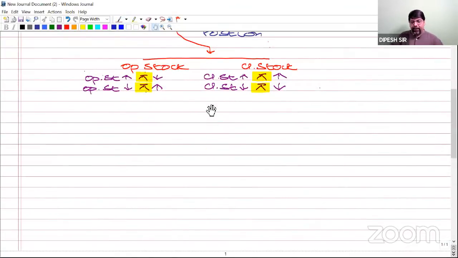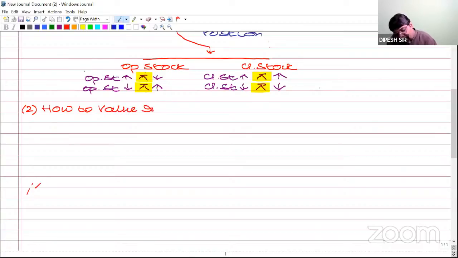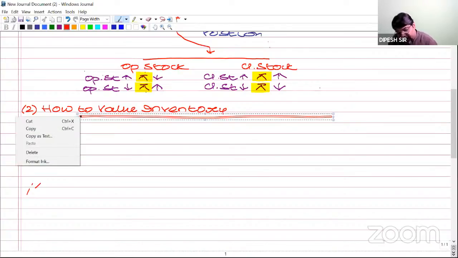Now let's jump into point number 2. What is point number 2? Point number 2, chartered, is how to value inventory. For inventory valuation, chartered, there are 2 things which we need to learn.